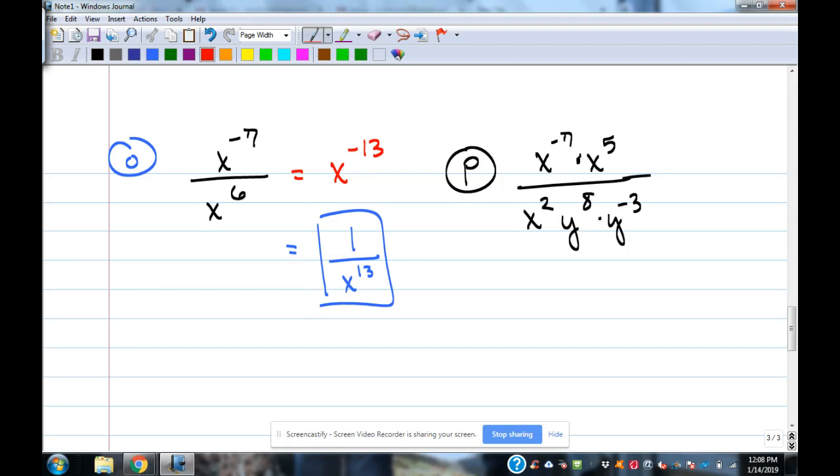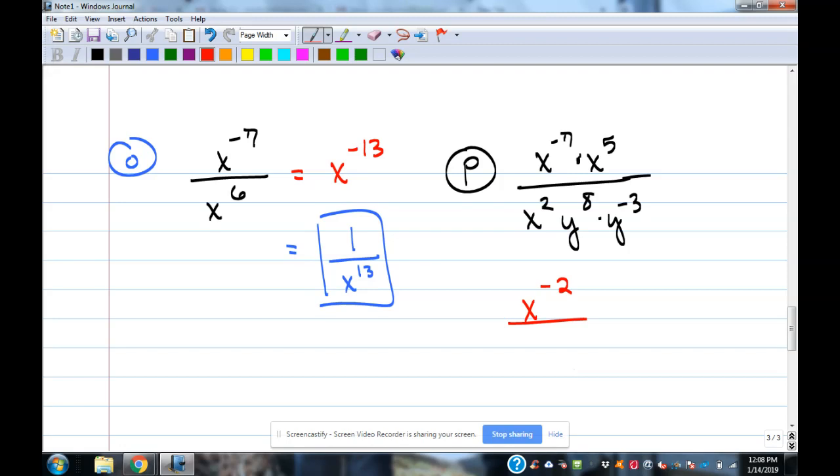Add, because they're multiplying things with the same base. So it'd be x to the negative 7 plus 5, which is negative 2. Be careful on your adding and subtracting positive and negative numbers.